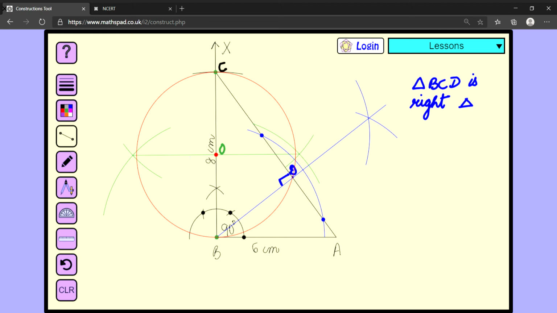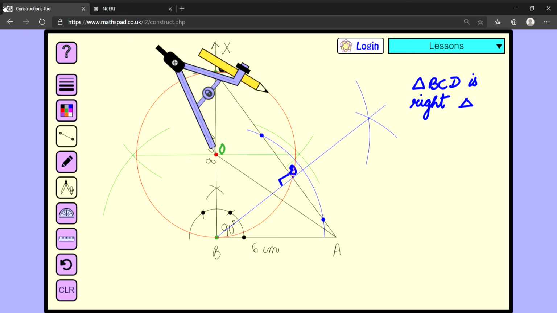A is the external point and the center for the circle to which I want to draw the tangents is O. So joining AO, then I want to draw a circle with AO as diameter. If AO is going to be the diameter, I need the midpoint, which will act as the center. So I'm going to construct a perpendicular bisector for AO now.